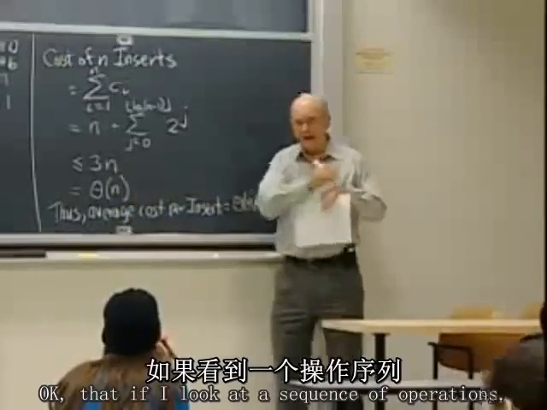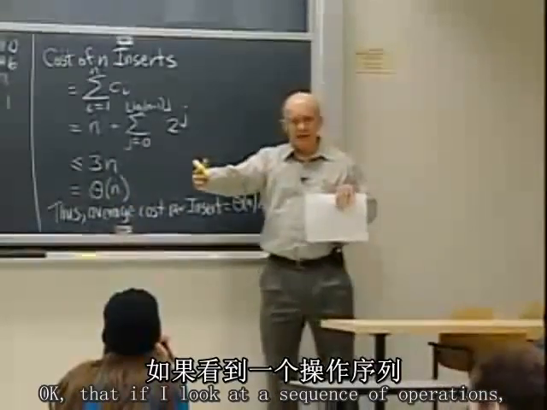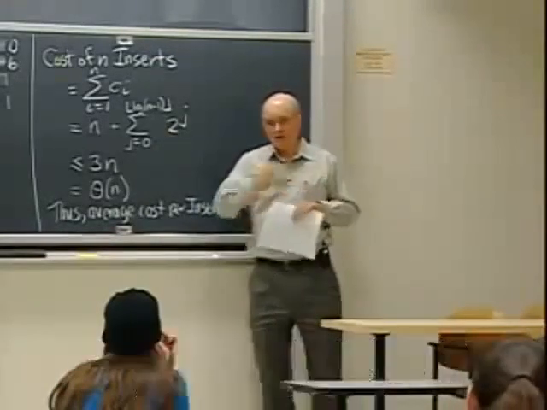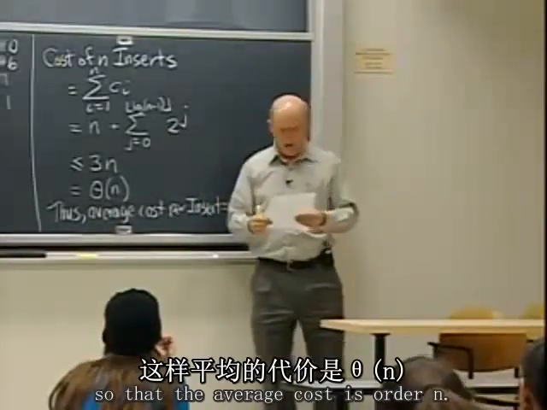And that's the notion of amortized analysis. If I look at a sequence of operations, I can spread the cost out over a whole bunch of operations so that the average cost is order 1.